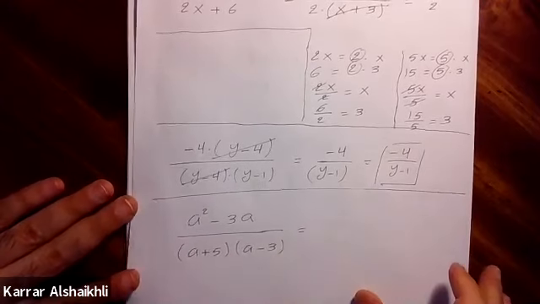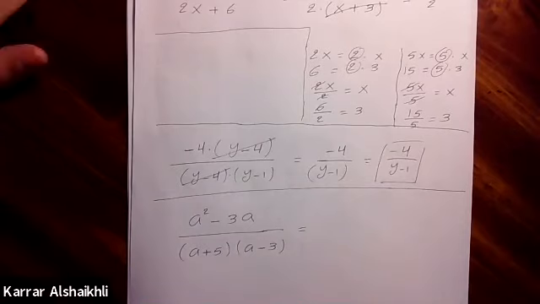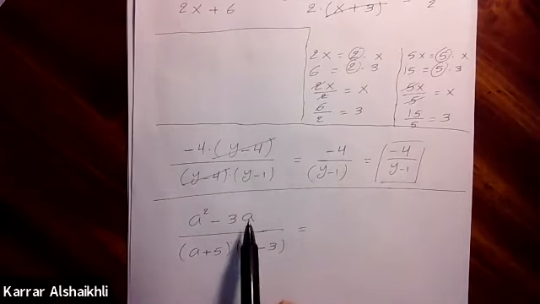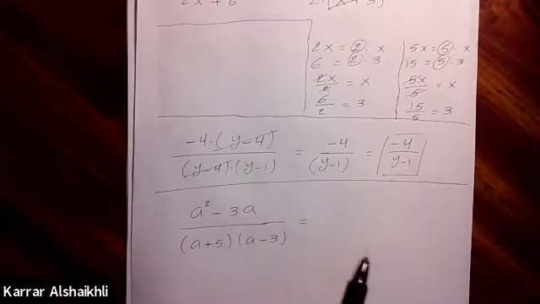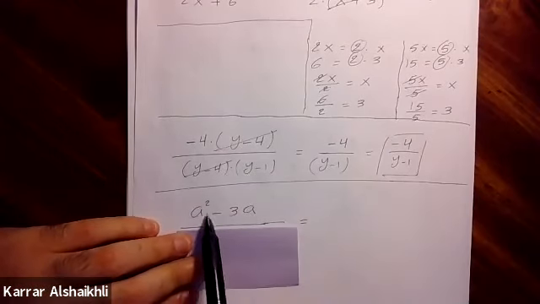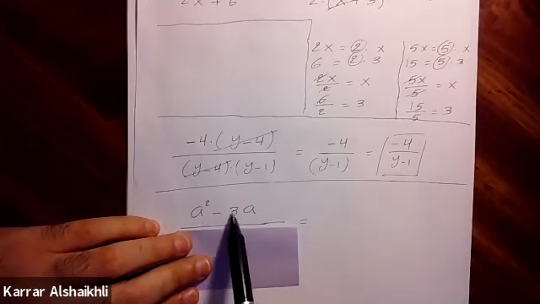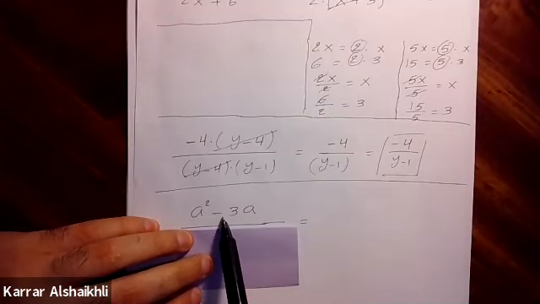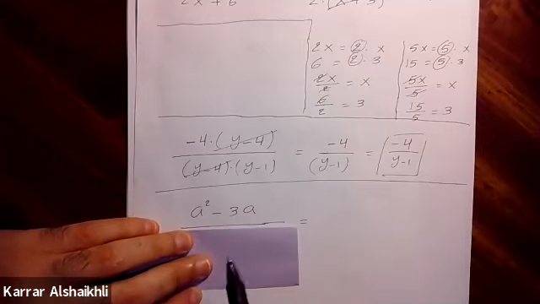So we're going to do the same thing. I'm going to look at the top part here. The top part has a minus between two terms. To make it multiplication, I need to find the common factor between these two terms.